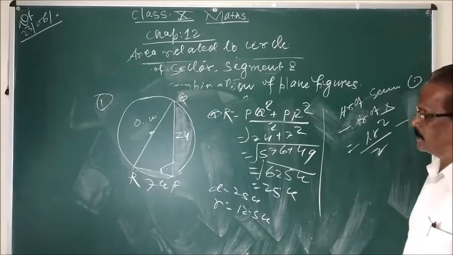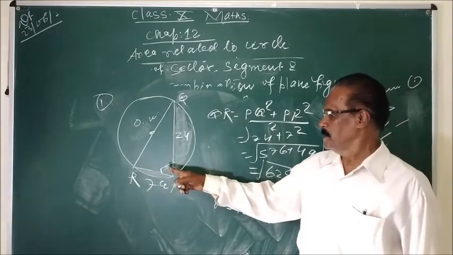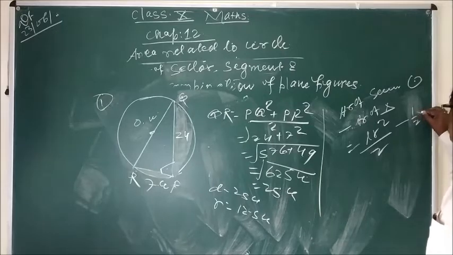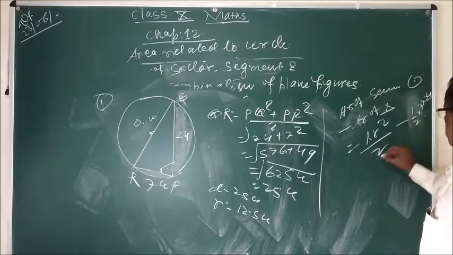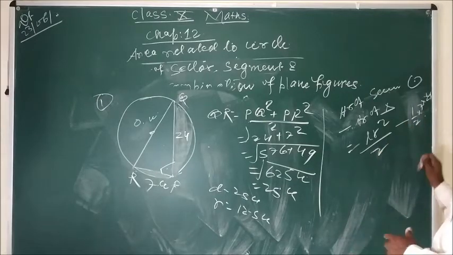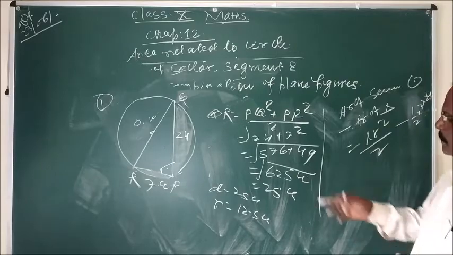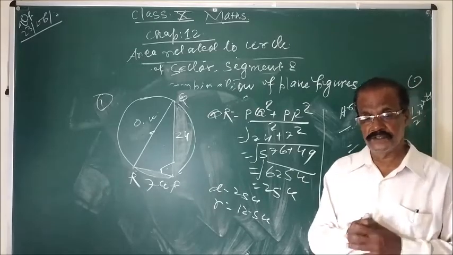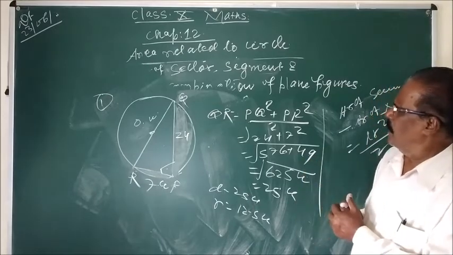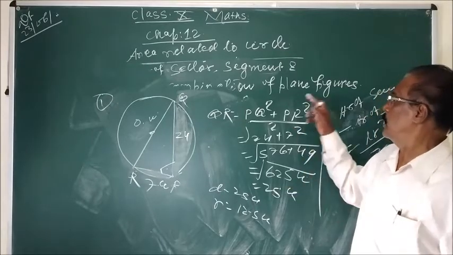This is a right angle triangle, so half into base into height, 1 by 2 into 7 into 24. Then simplify, putting in the value of pi, and you will get the value of the shaded portion.